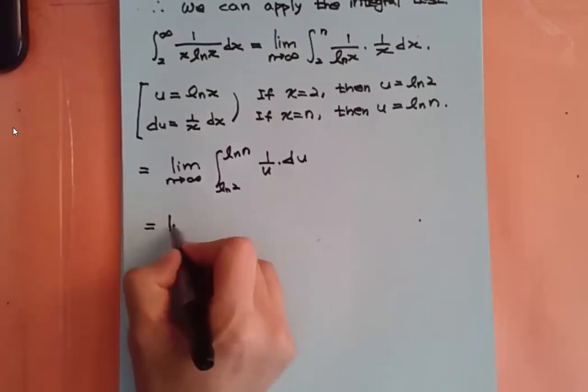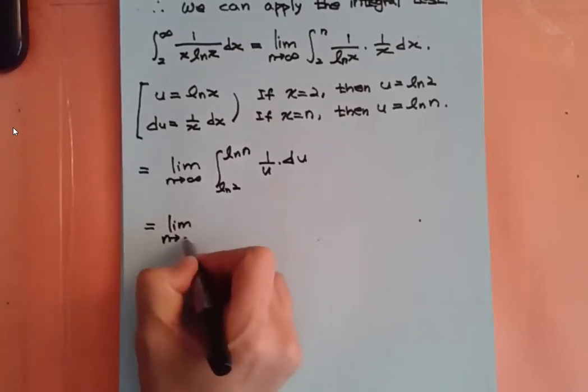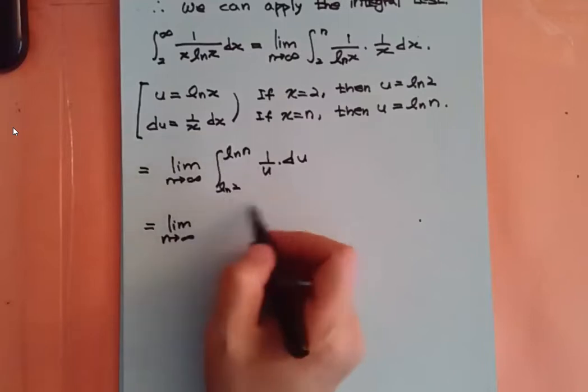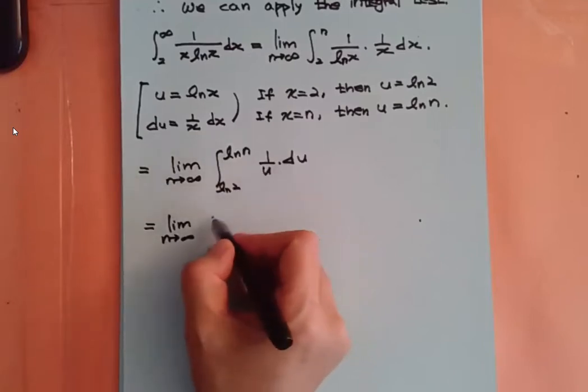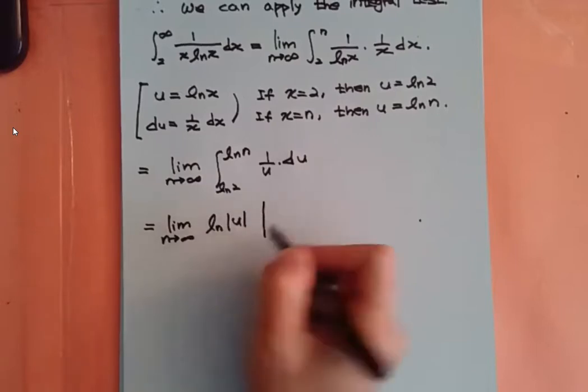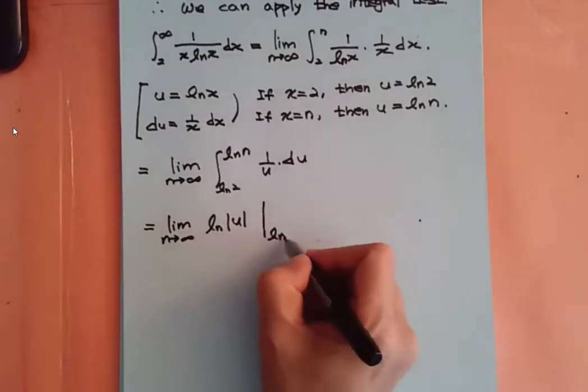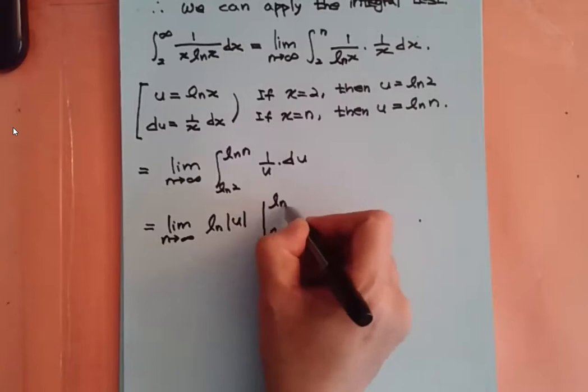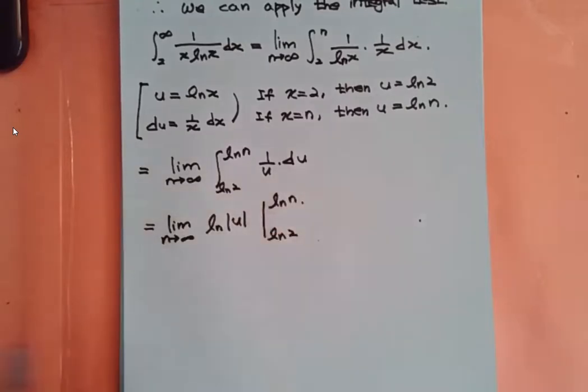So that becomes the limit as n goes to infinity. The integral of 1 over u du is natural log of absolute value of u. The lower bound is natural log of 2, and the upper bound is natural log of n. Just a common integration.